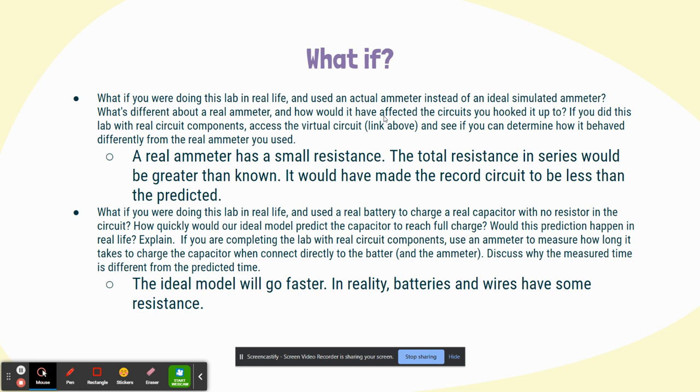They all have a small amount of resistance and heat loss. And so in the simulation where everything is ideal, there would be no resistance or heat loss and it would go much faster compared to reality.